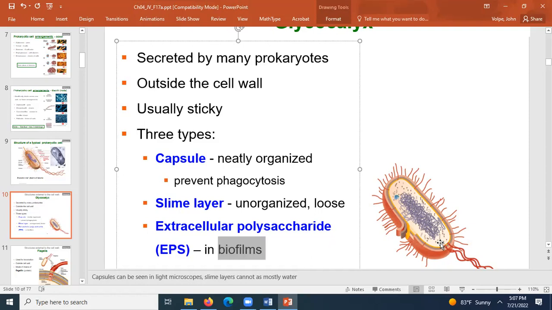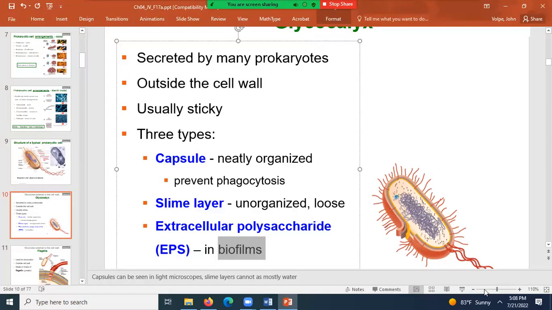Then you have these cells in a mass that we call a biofilm, and many of them make the glycocalyx, which makes a structure around all the cells. It's very difficult to kill cells in a biofilm, and that's why we'll talk about it. Any question about any of that?